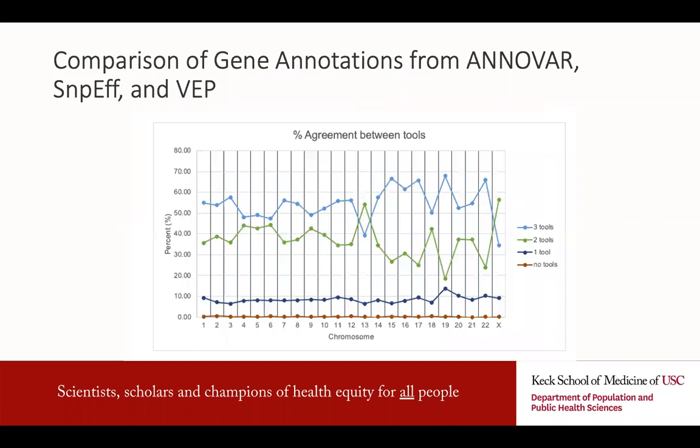So this is what we found. The x-axis is the chromosome number, and the y-axis is how similar they are for each chromosome. You can see about 50 to 60% of the annotations are the same across all three tools. But for 30 to 40%, only two of them agree with each other. And for 10% of them, probably only one of them agrees.